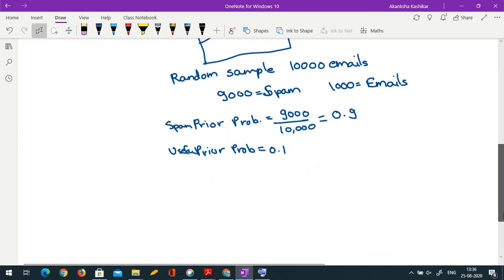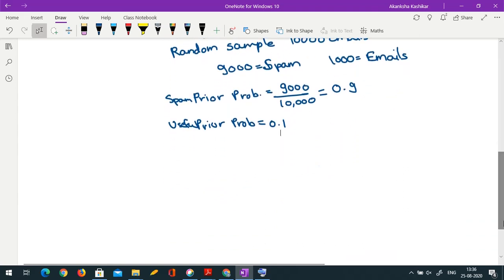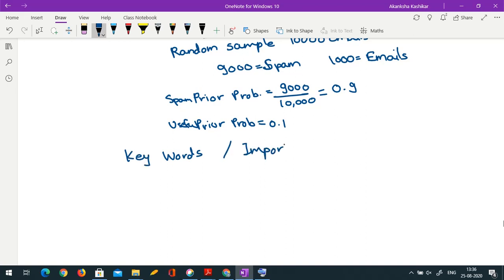What else do I know? I know that I want to use the email text. Now when I say email text, of course I can't expect the computer to understand the meaning and then decide whether the particular email is spam or useful. So there can be some words or some keywords or some important phrases which can give me some hint.